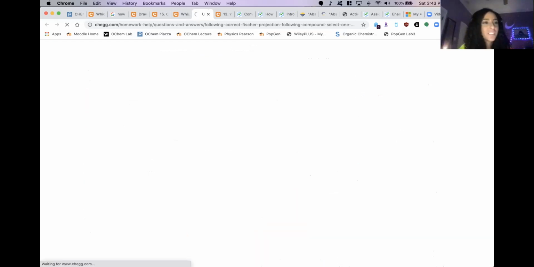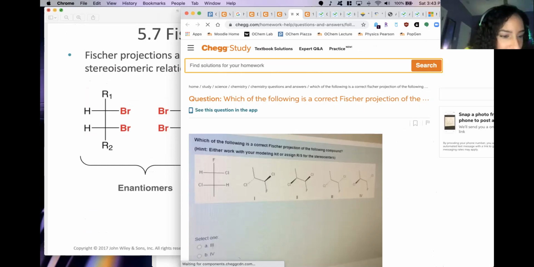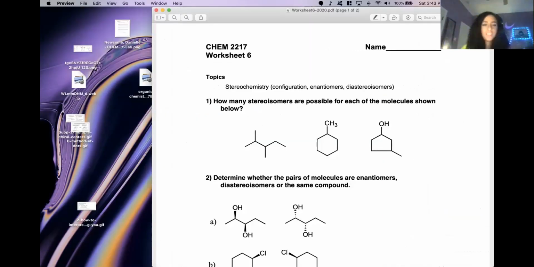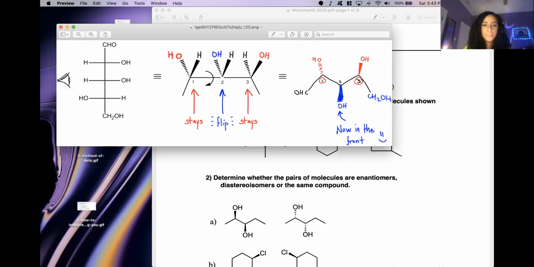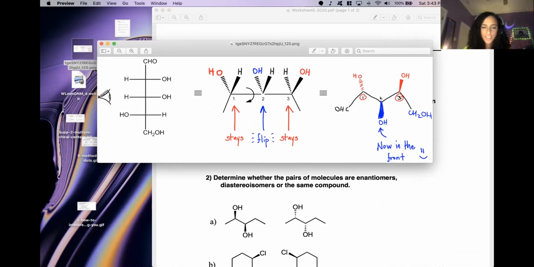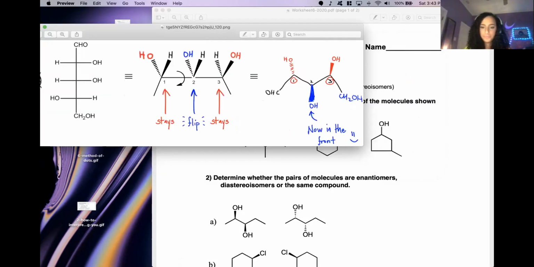So there's this file that I found where it does talk about flipping things. Here we go. This is a different thing than we're used to seeing. Stays, flip, stays. Let's see if we can apply that to another one.